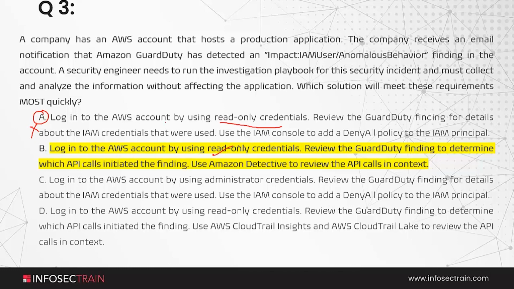Now in B, we are saying to log into the AWS account by using read-only credentials. Again, that makes sense. And review the GuardDuty findings to determine which API calls initiated the findings. So in GuardDuty, we will be able to understand which API call or which particular user query has caused the particular incident or issue. And a tool called Detective works hand in hand with GuardDuty. It's a tool which is integrated with GuardDuty itself. GuardDuty is a threat intelligence or threat detection tool, which is one of the best tools in AWS.